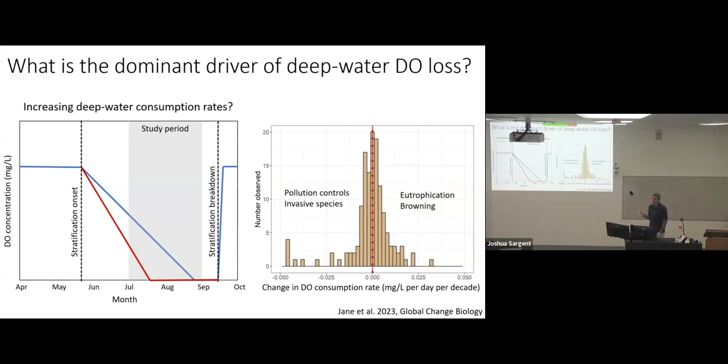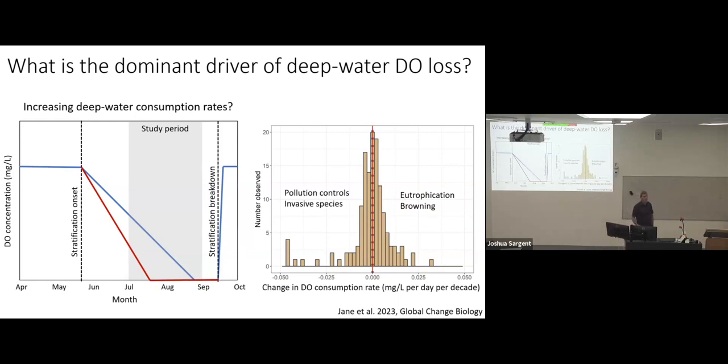And what we think is happening, as we see a wide range of patterns across lakes, is that some lakes are increasing in that dissolved oxygen consumption rate. And in those lakes, it's factors like eutrophication, browning, more sources of labile organic matter. But then we also see the opposite trends, where some are actually slowing down. So that rate of deep water dissolved oxygen consumption is being mediated over time by things like pollution controls, right?